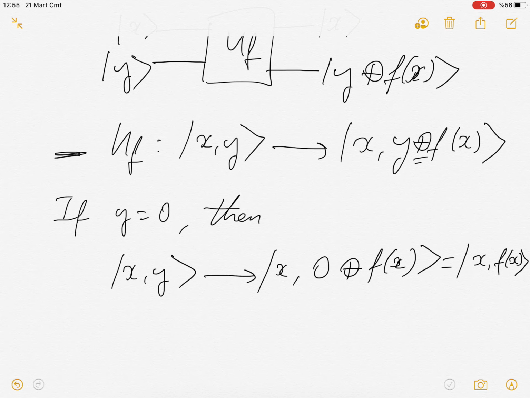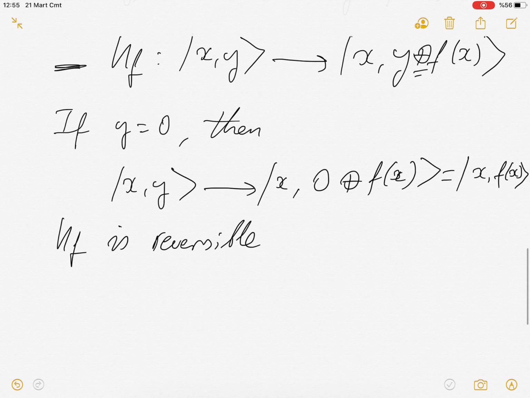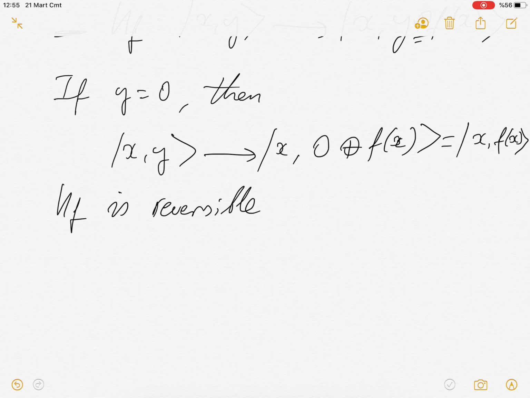Now you can easily notice that UF is reversible. That is, if we give x, y XOR f of x as an input to UF, then the output will be xy. Let's see that in fact.